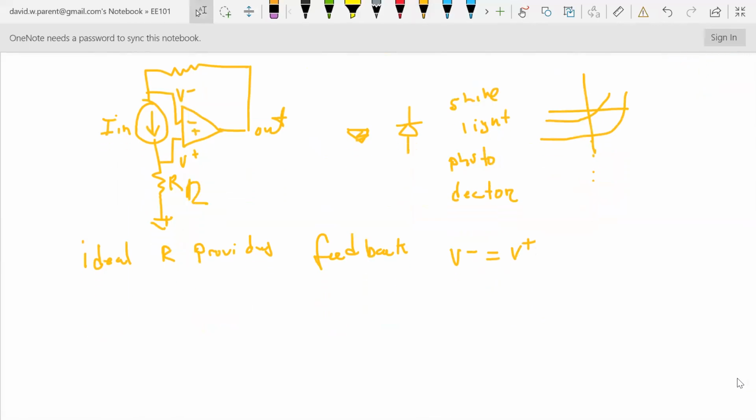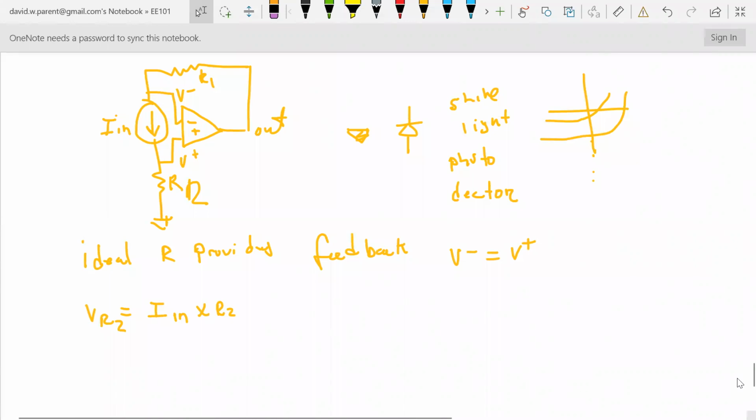I'm going to call this R2 and R1. VR2 equals IN times R2, right? Because the current can only go this way, right?